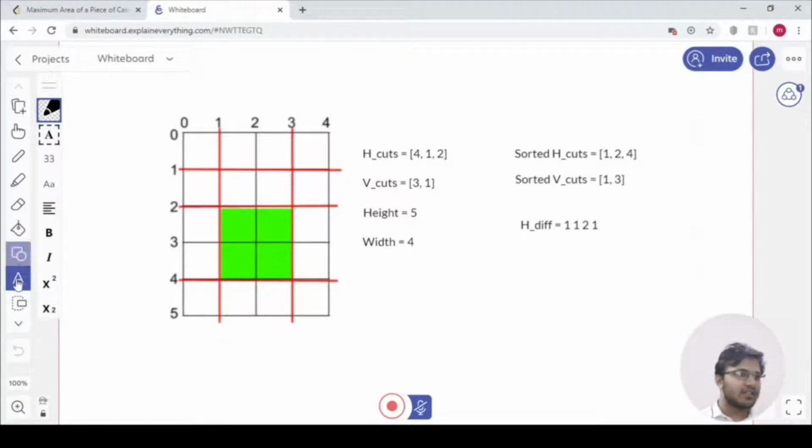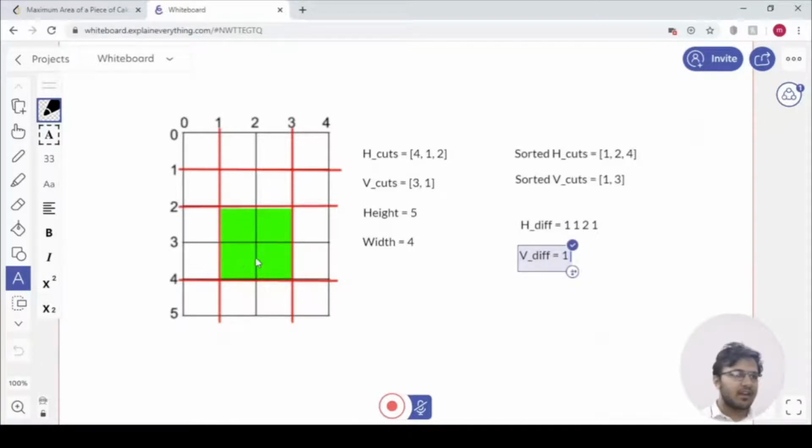Now we will measure the horizontal distances, that is from the vertical cuts. So the vertical difference here would be, first of all, the distance from the leftmost corner to the first vertical cut, so it would be 1 minus 0, that is 1.